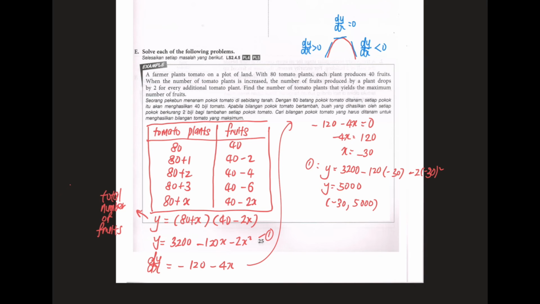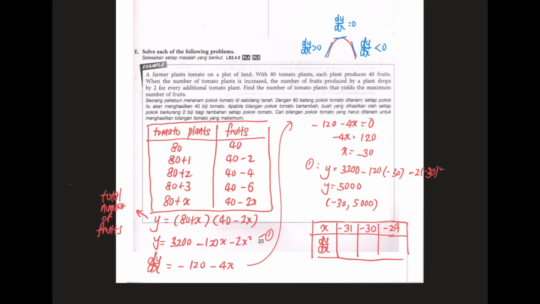Okay, then after that, dy/dx more than 0, equal to 0 and less than 0. Let us double confirm whether this is maximum or not. So we just build a table, x and dy/dx. Now we try minus 30, and we try with two more values, smaller and bigger: minus 31, minus 29.